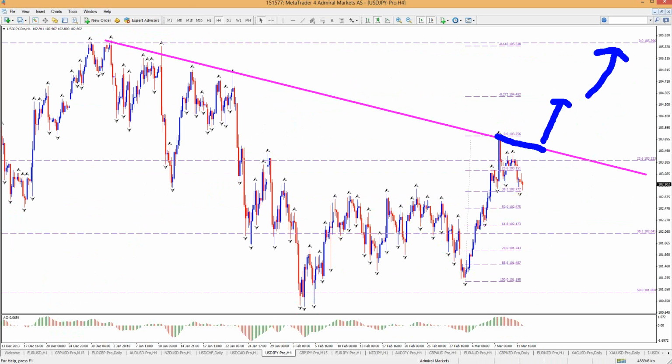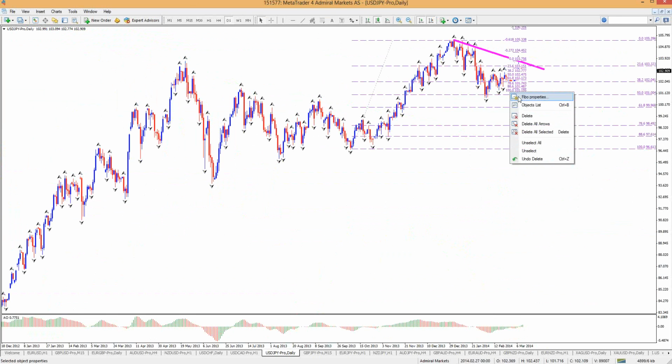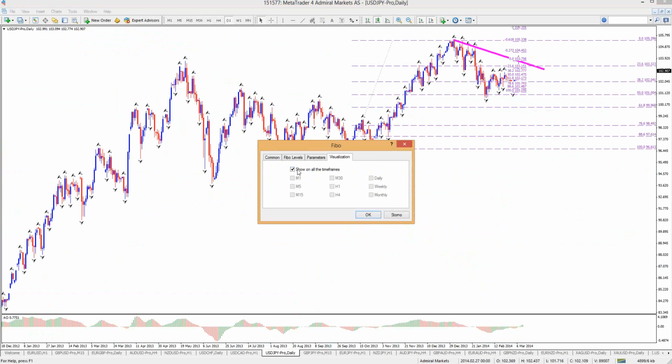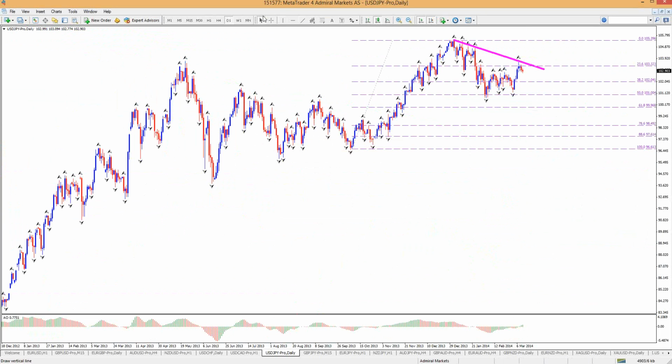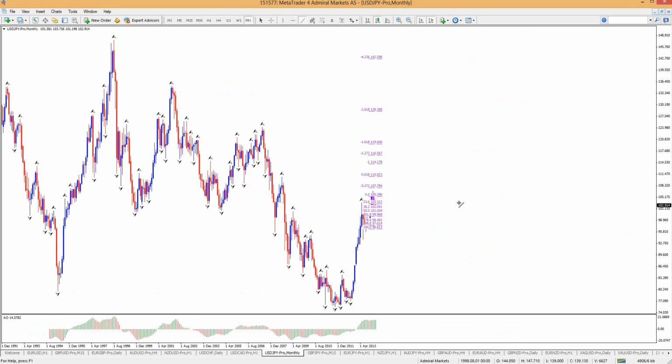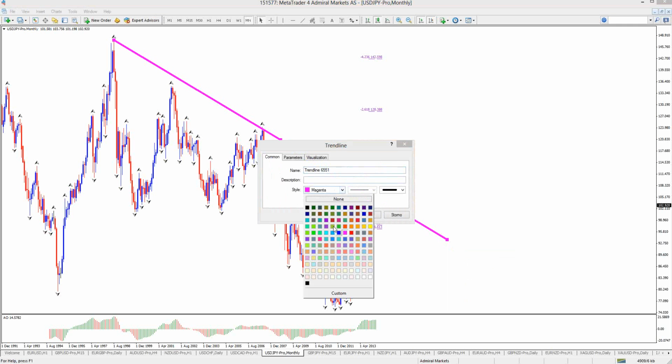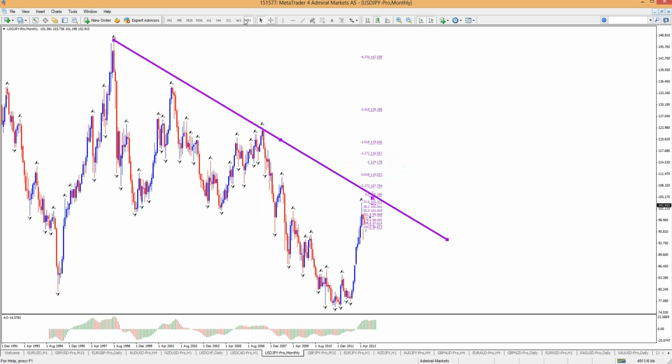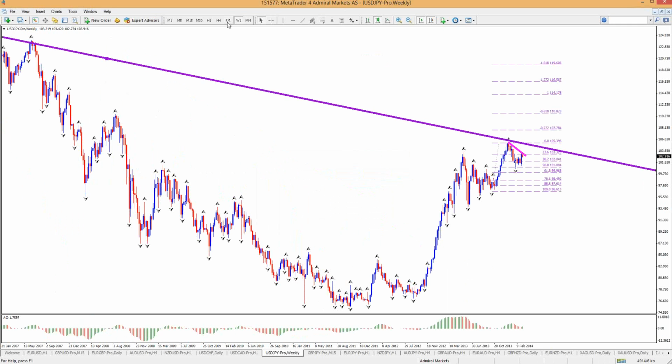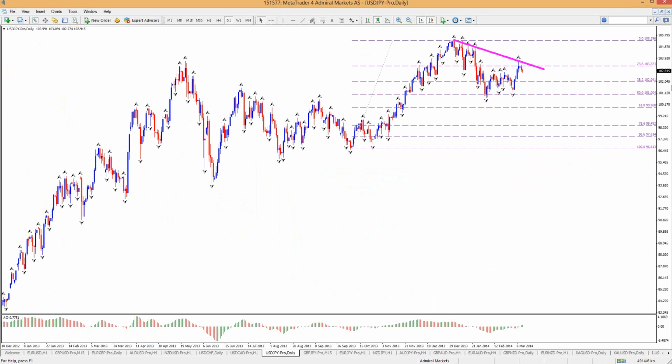Okay? Alrighty, now from the daily perspective, what does that mean? Let me show you. If we break magenta, then what is one trend line I have to add? One second. Let me go back to the daily chart here.